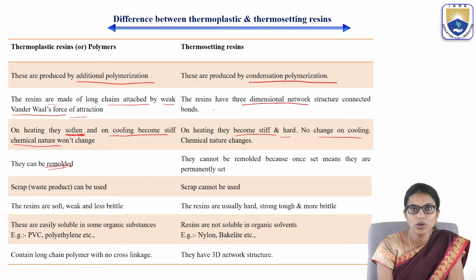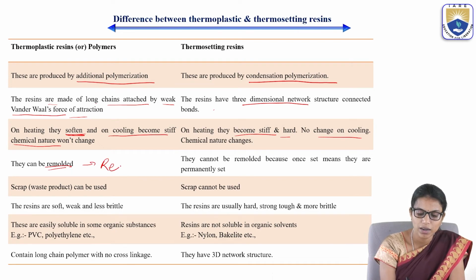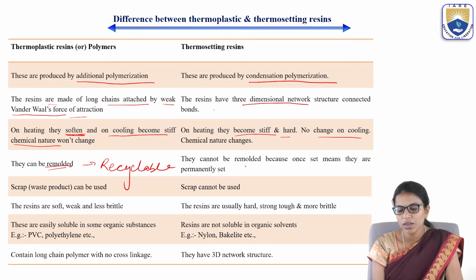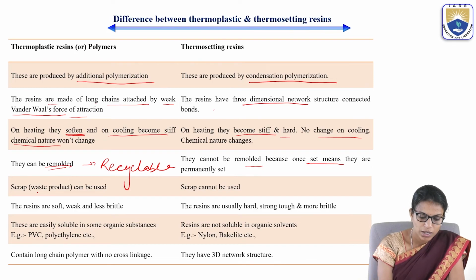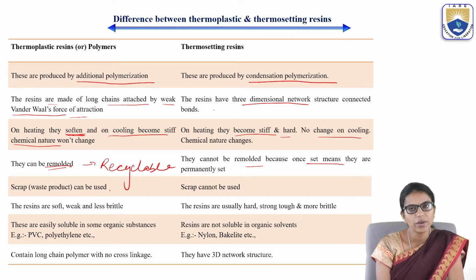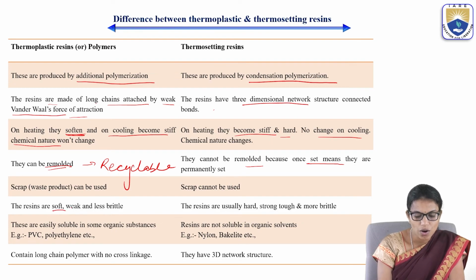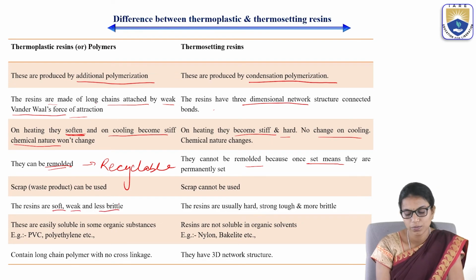Thermoplastics can be remolded, or we can say recyclable, while thermosets cannot be remolded because once set, they are permanently set. The waste product cannot be used.